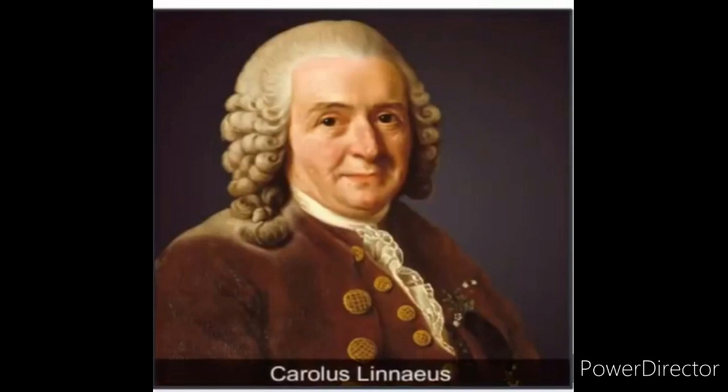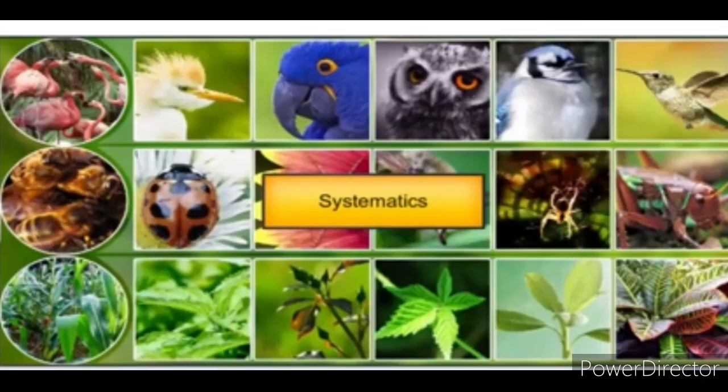Human beings are interested in knowing more about different kinds of organisms and their diversities, but also the relationship among them. This branch of study was referred to as systematics. The word systematics is derived from the Latin word systema, which means systematic arrangement of organisms.